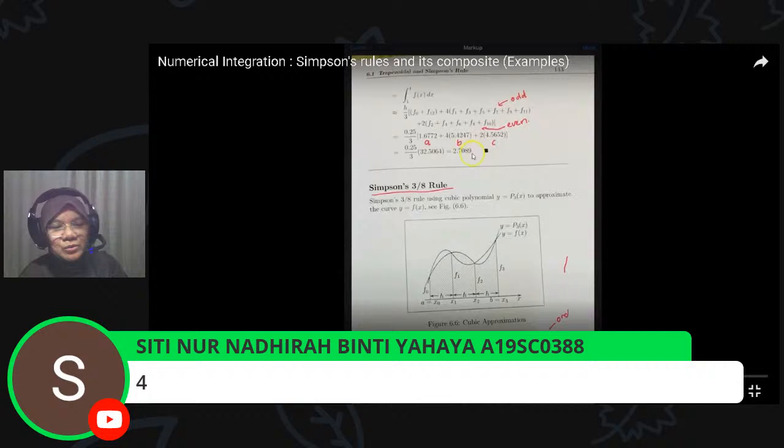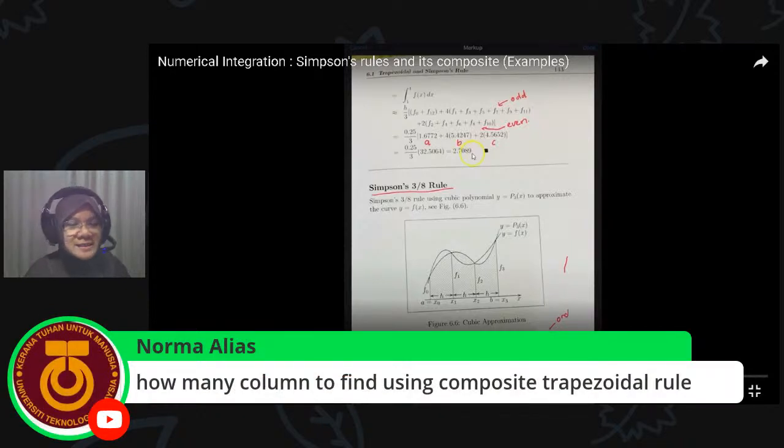Trapezoidal rule needs only fn and f0, and then the rest is all the values without f0 and fn. So only 4.